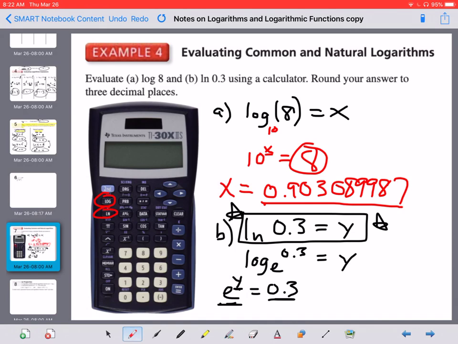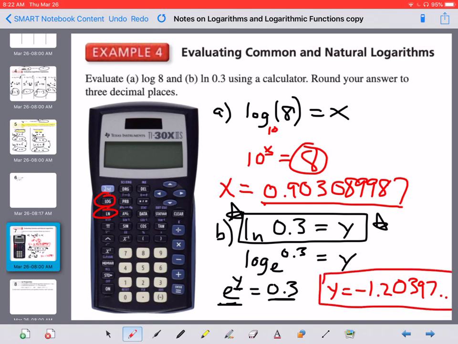So type in ln, and then type in 0.3, close the parenthesis, and you should end up with y equals, it's going to be a long decimal once again, negative 1.20397, and it goes on forever. If you take e and raise it to that number, you are going to get 0.3.